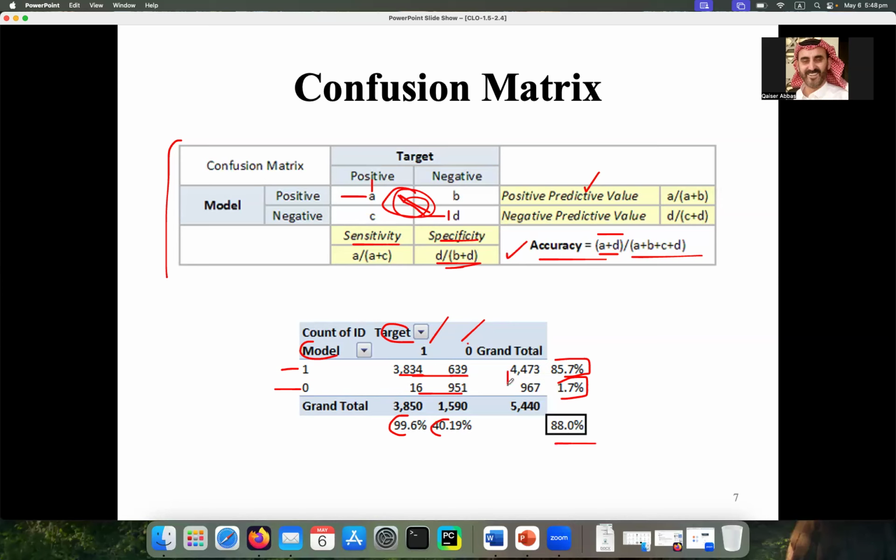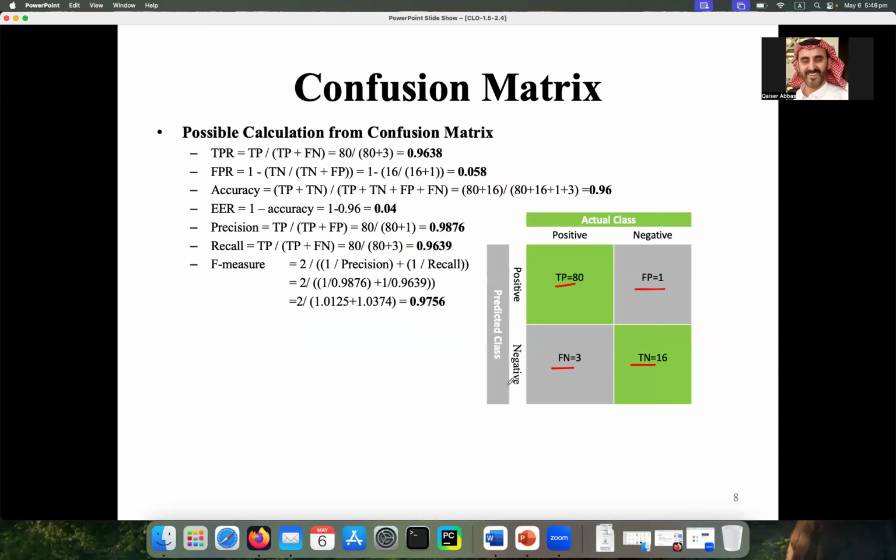This is only the summation, nothing else. Now, what are the other possibilities that you can calculate? Again, we have a confusion matrix displayed here. These confusion matrices are very easy to draw using your Python code. And here you have one of the samples.